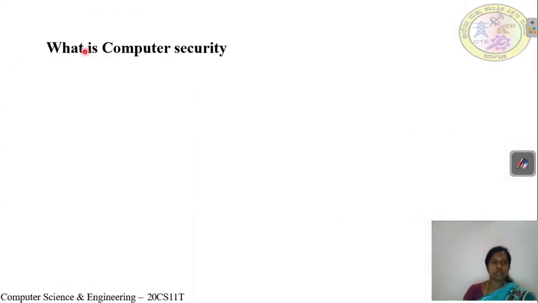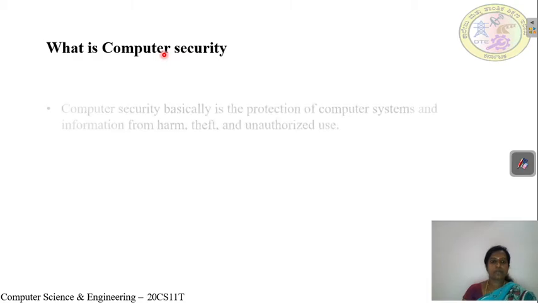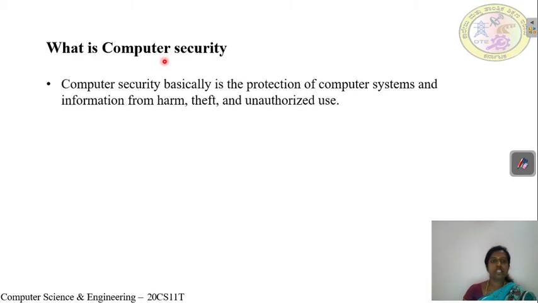Next we move on to see what computer security is. Computer security can be defined as the protection of a computer system and information from any type of physical damage, that is harm, theft or thieves, and unauthorized use.